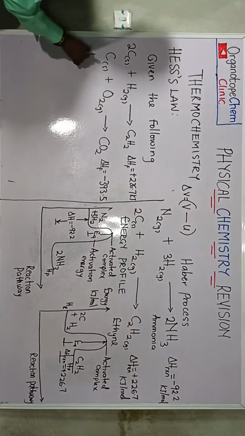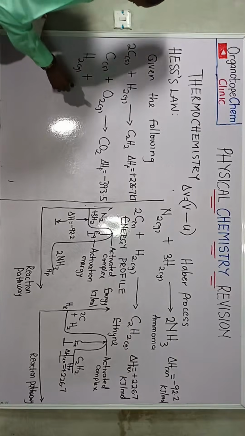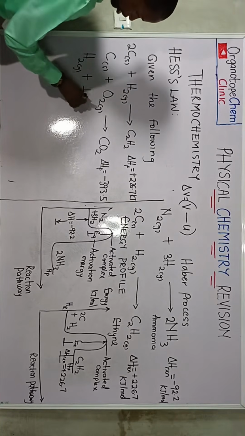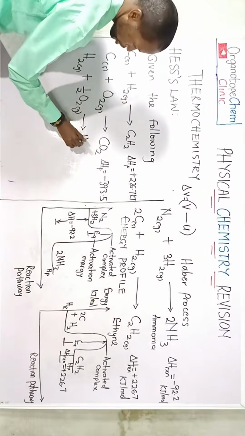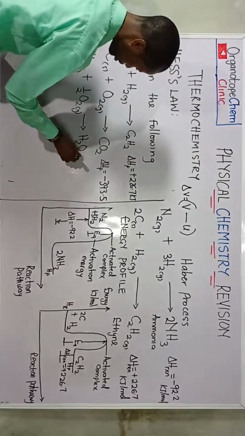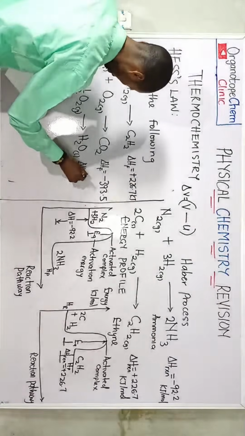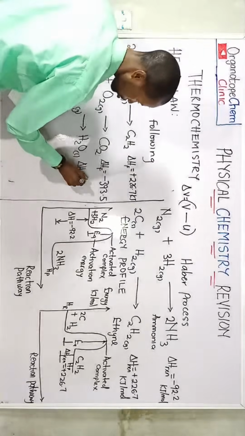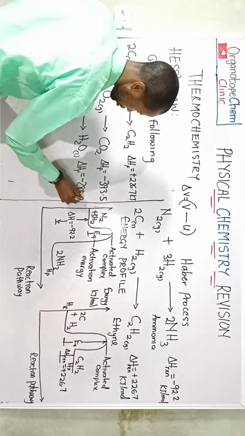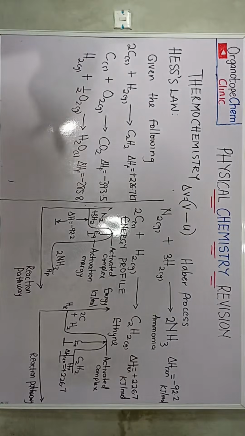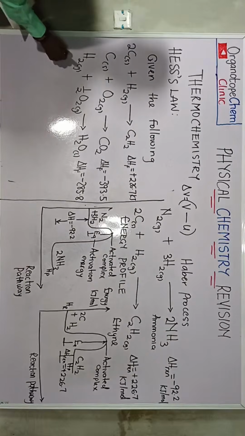Then we have the third equation: hydrogen gas plus half oxygen gas resulting in H2O, which is a liquid. The enthalpy of formation is given as minus 285.8. I told you that the values will be given in the question.